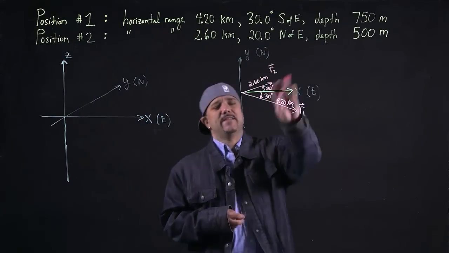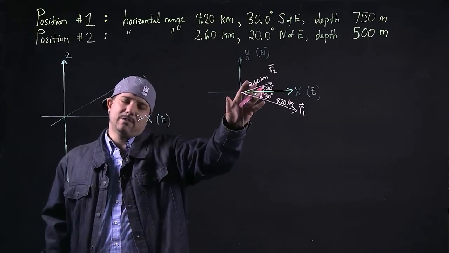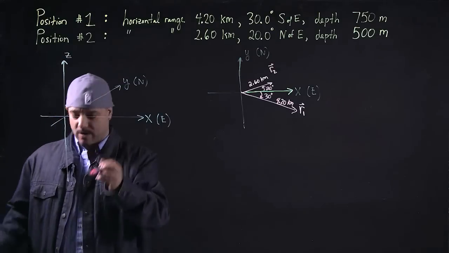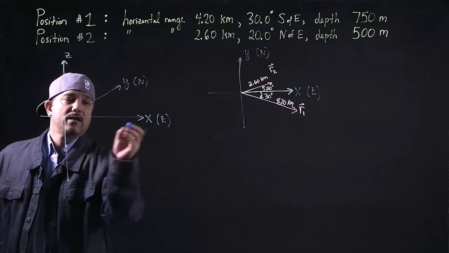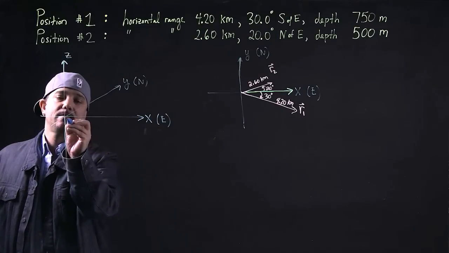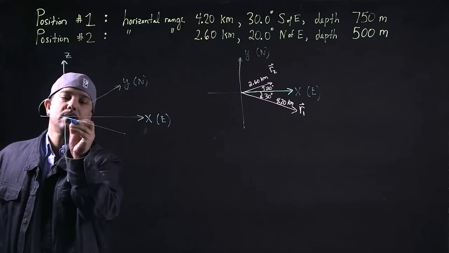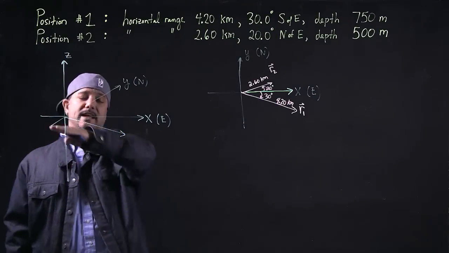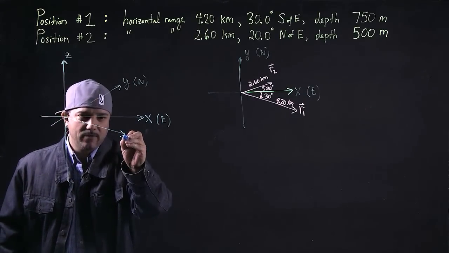And again, this is just the 2D plot. It's good to draw the 2D plot first and then try to visualize it in 3D. So again, in 3D, here's our XY plane. This right here will be position 1. Think of this as 2D, and now we're going to go down in depth.